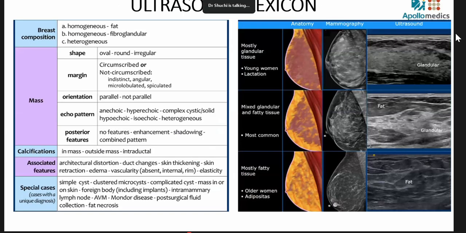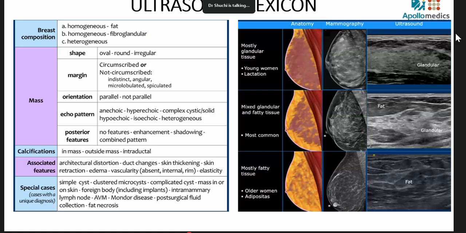Coming to the ultrasound. Again, you are supposed to classify the breast parenchyma, whether it is homogeneous, homogeneous with fibroglandular content, or heterogeneous. And if you get a mass, then again the mass has to be classified according to the shape, margin, orientation, echo pattern, and posterior features. If you get any mass, you're supposed to see whether it is oval, round, or irregular.